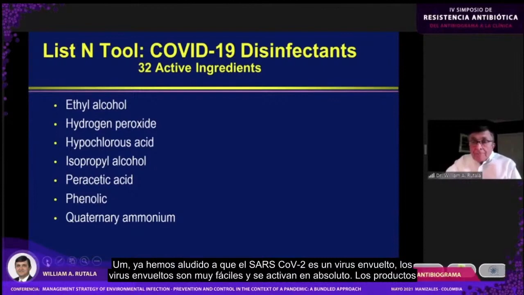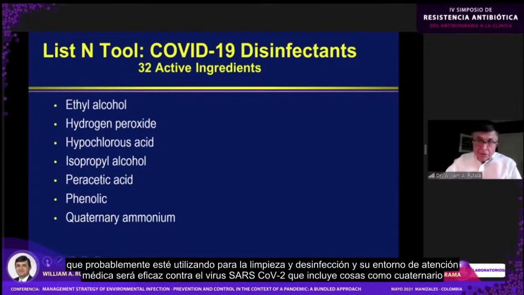As far as inactivation of SARS-CoV-2, we've already alluded to the fact that SARS-CoV-2 is an envelope virus. Envelope viruses are very easily inactivated, and all the products that you are likely using for cleaning and disinfection in your healthcare setting are going to be effective against the SARS-CoV-2 virus.